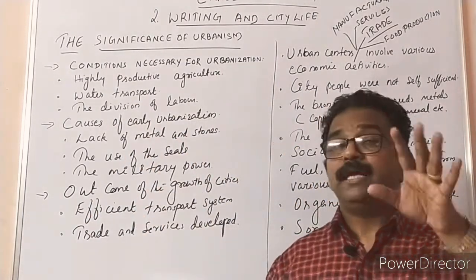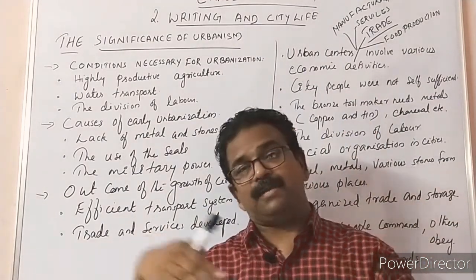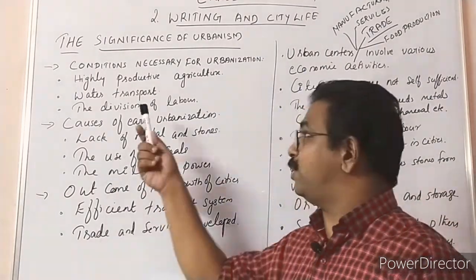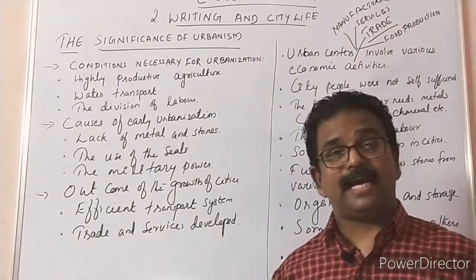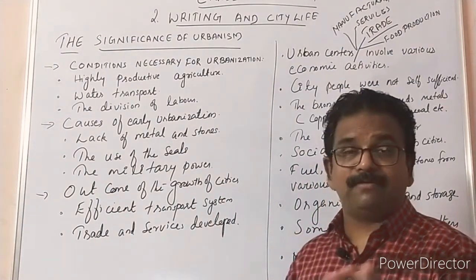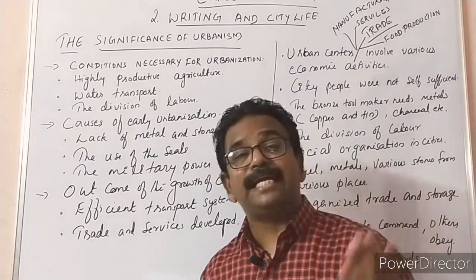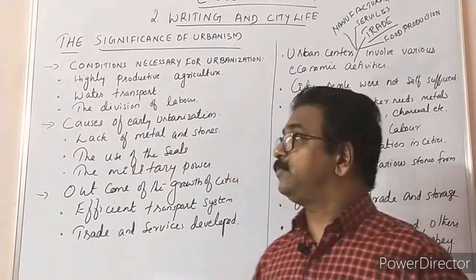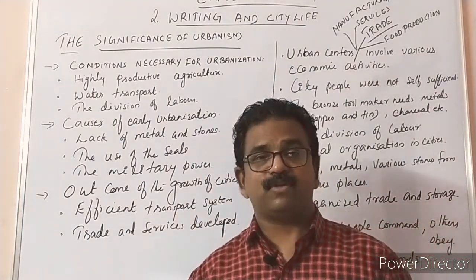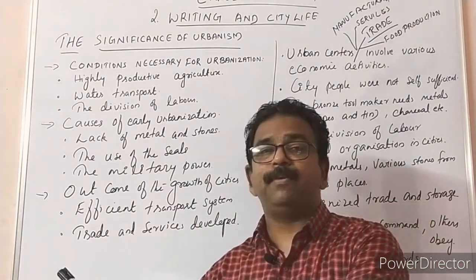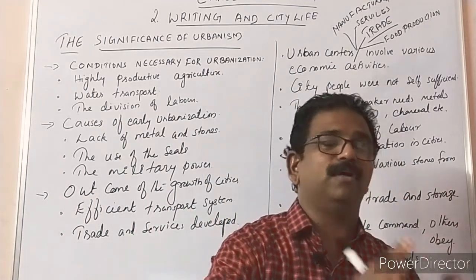Then water transport. I told you that earlier they used animals for transport. Now they need water also. They are using water also, because they already have the Euphrates and Tigris. So water transport, because they wanted to bring many items from various places, right? And the division of labor, that I already discussed. The division of labor means different people are engaged in different works.